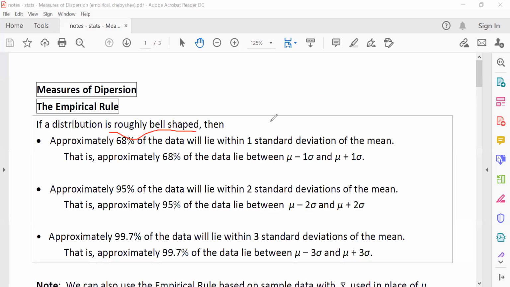If it's extremely skewed, the empirical rule is just not going to apply. What we're going to see is that being bell-shaped is strongly related to something called the normal distribution. But we will handle that in just a moment.